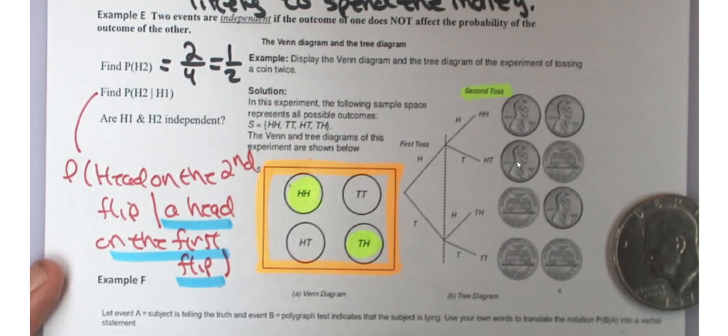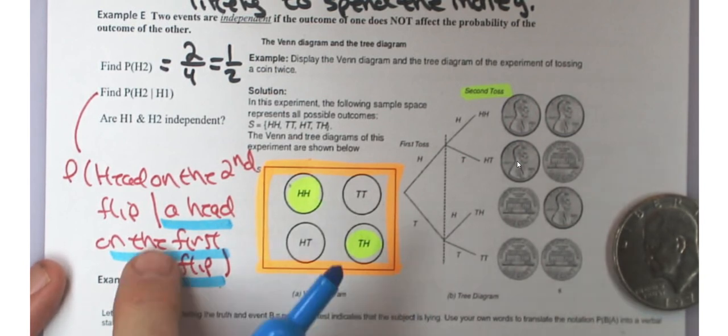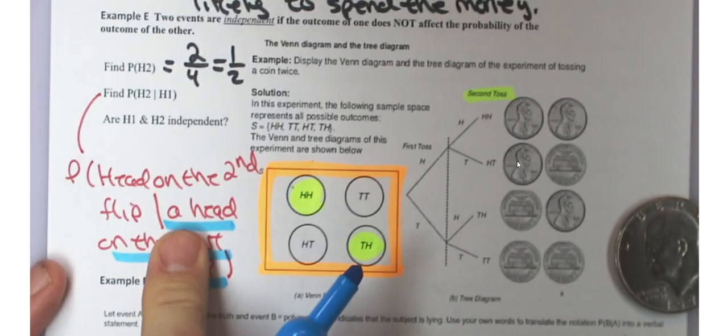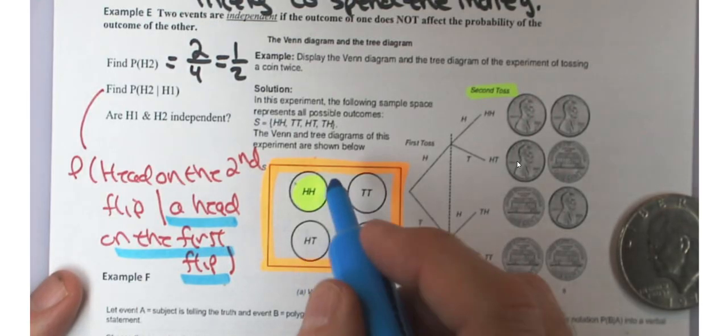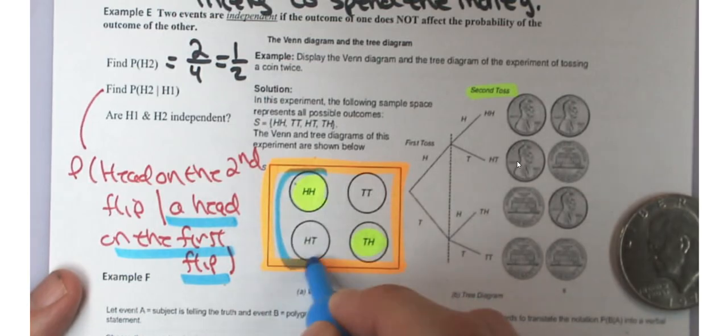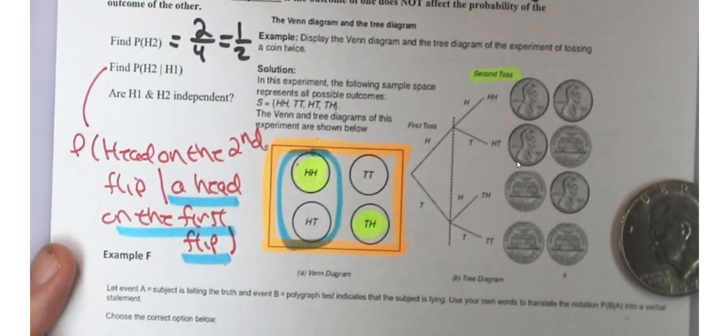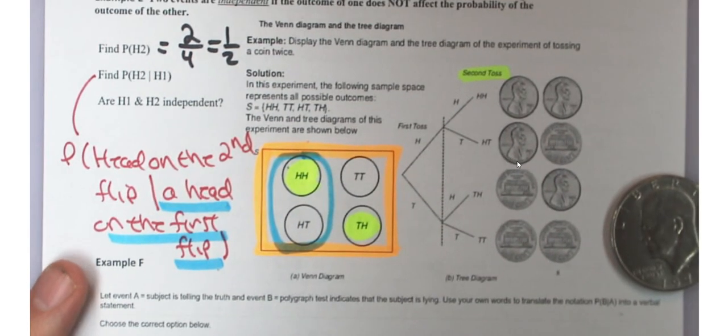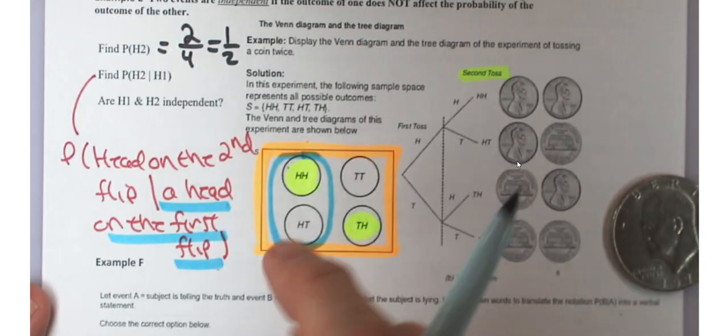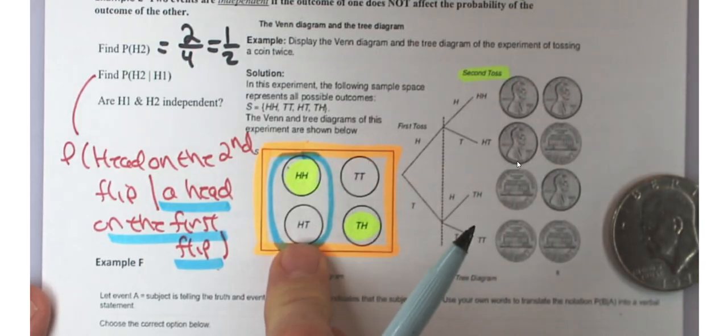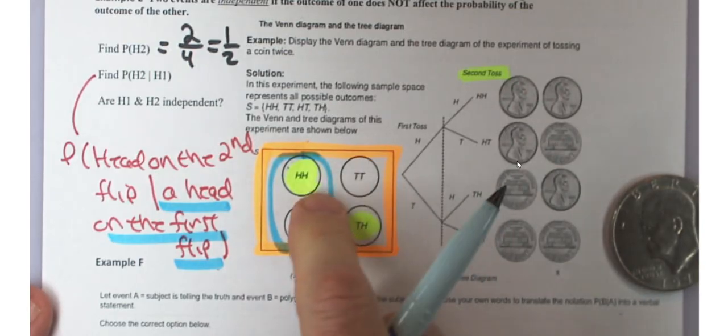If I'm going to circle in blue so you can correlate your new sample space with this, what should I be circling? Yeah, these 2. Thank you. That's your new sample space. Okay. Of this sample space, what's your probability of getting a head on the second flip given that you got a head on the first flip?